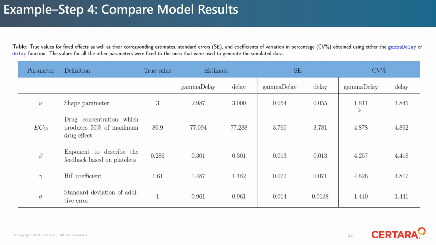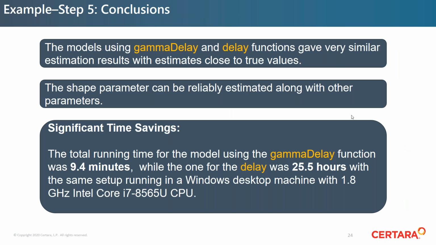In addition, you can see that the CV percentage is less than 2%. Now for all the other parameters, you can see that the estimate is similar to its true value, and also the CV percentage is less than 5%. Overall, you see that the models using gammaDelay and delay functions give very similar estimation results with estimates close to true values. In addition, we also see that the shape parameter can be reliably estimated along with other parameters.